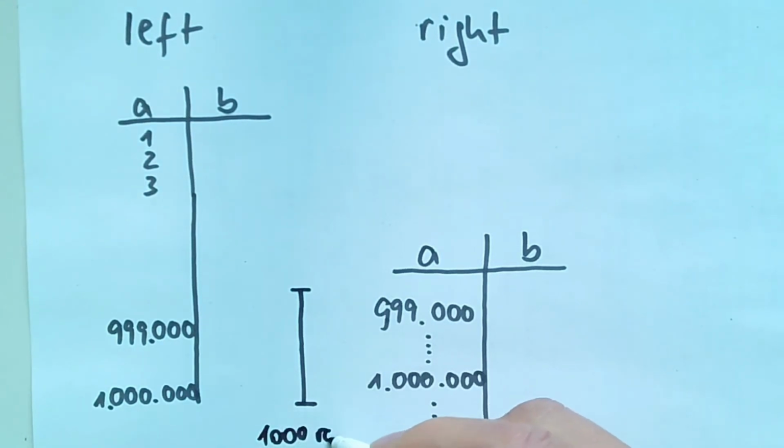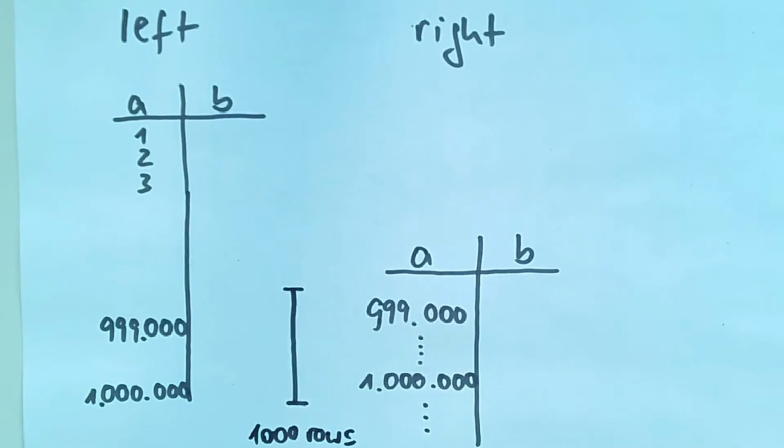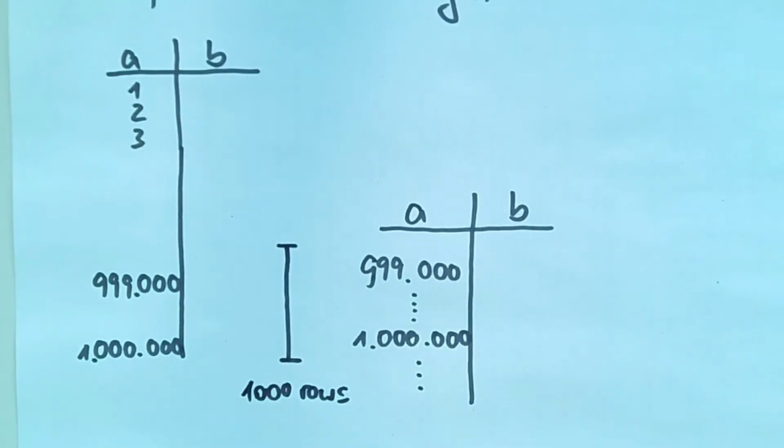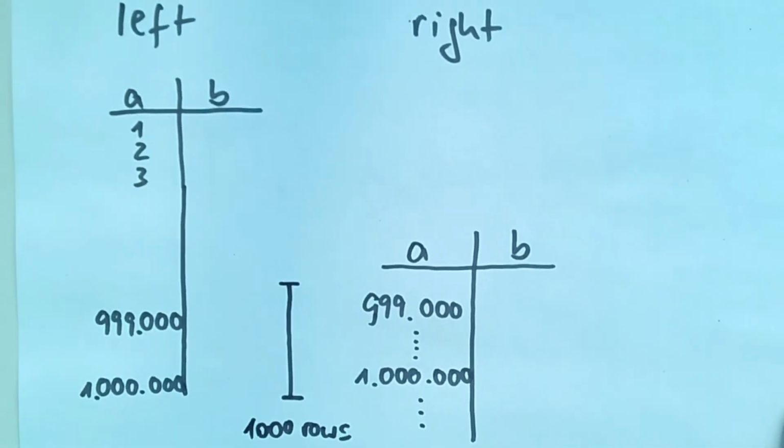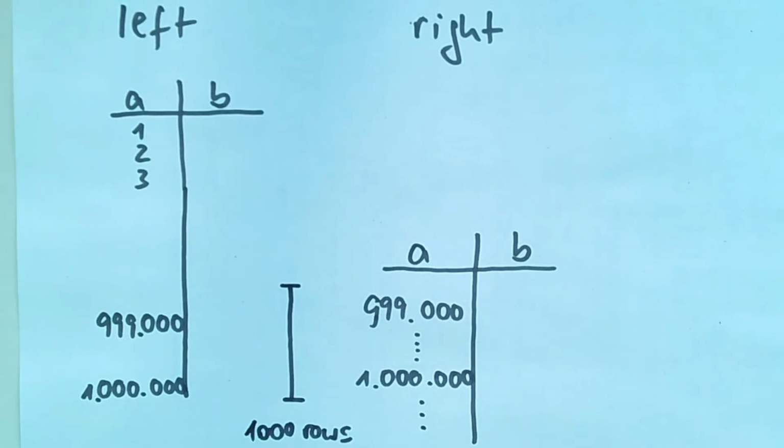So when we perform the join between the left and right tables here, the join result will hold 1,000 rows.